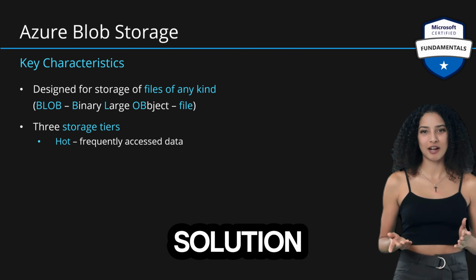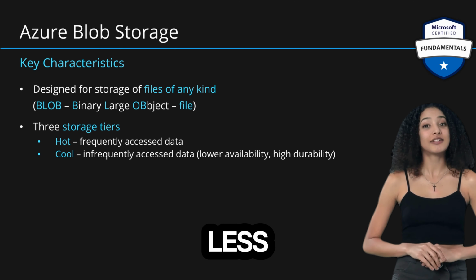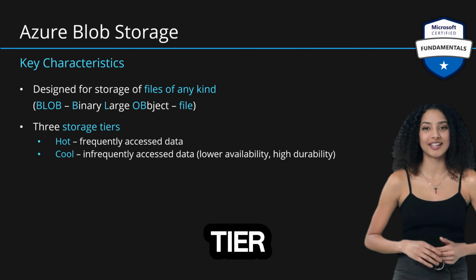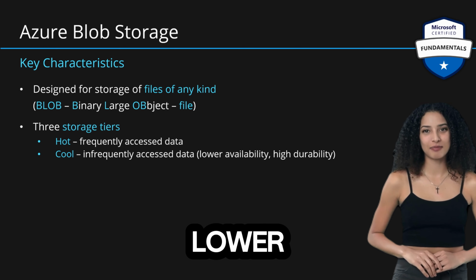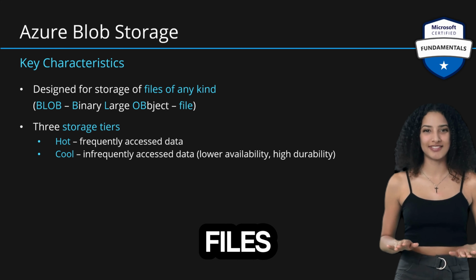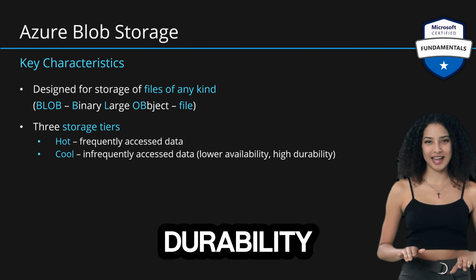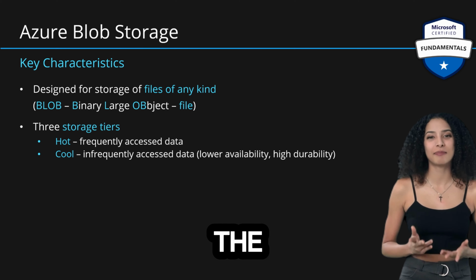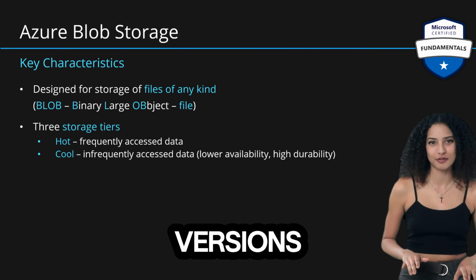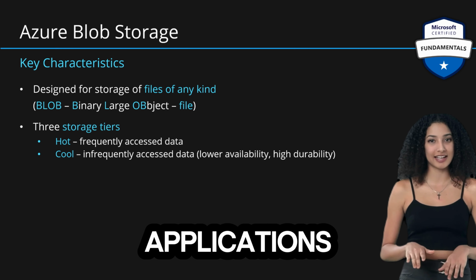But if your solution also stores files that are accessed less frequently, you can use the cool tier. With the cool tier, you are accepting lower availability and lower performance for accessing your files, while maintaining high durability and getting a significant discount for storing that data. This is the perfect solution for storing older versions and backups for your applications.